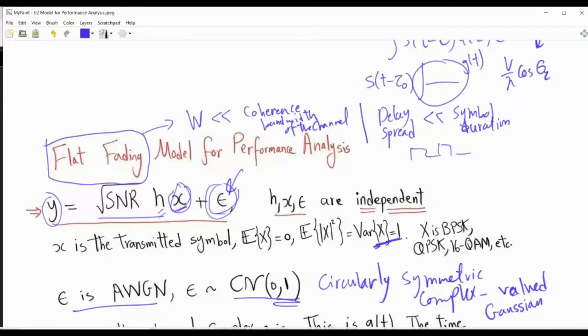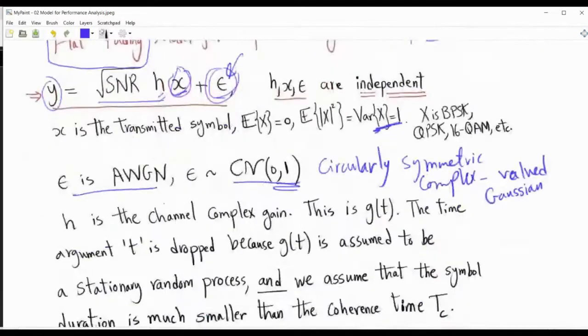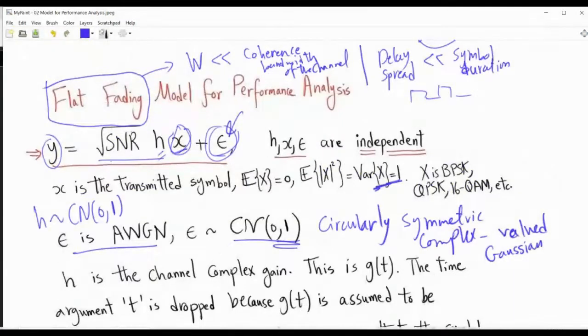Now H itself will also be considered to be CN(0,1). Okay, so H also is CN(0,1). I will talk shortly about this factor here. According to what I said, you think that there should be some constant here. Otherwise, the signal to noise ratio is 1, right?